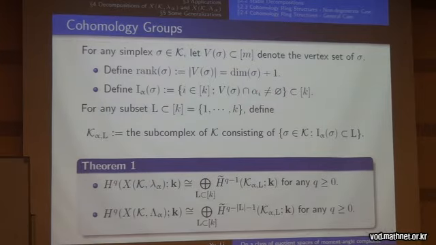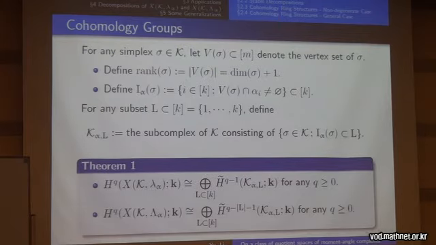If we think of [k] as the set of colors, then I_alpha(sigma) is the set of colors used to color sigma. This is just the palette used to color sigma.